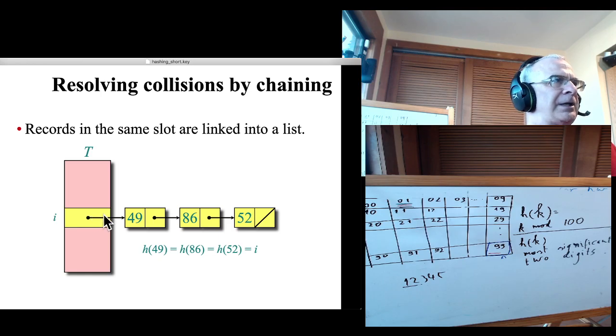Instead, I will store a pointer to a linked list of all the students whose ID mapped to index i. That is, both 49 and 86 and 52, all of them are mapped into this cell. So I'll just store a pointer to this linked list of records of these students.